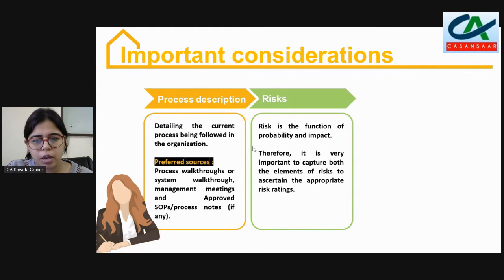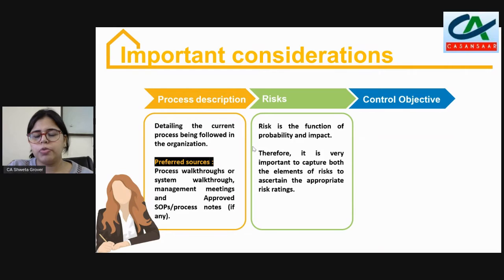Therefore it is very important to capture both elements of risk to ascertain appropriate risk ratings. This helps in risk ratings, which I'll discuss further. I'll also take one example later on how we should write down the risk in the RACM.